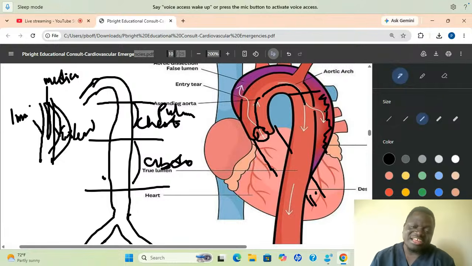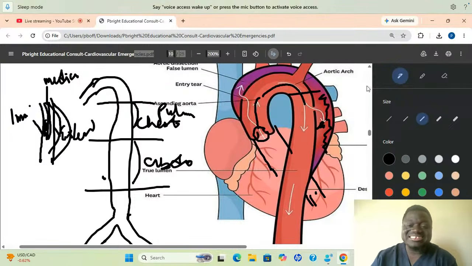When it tears, blood will enter into this pocket between these two layers. Blood will be accumulating here. The blood that is supposed to go to the abdomen or the legs is piling up here to become big and cause issues.